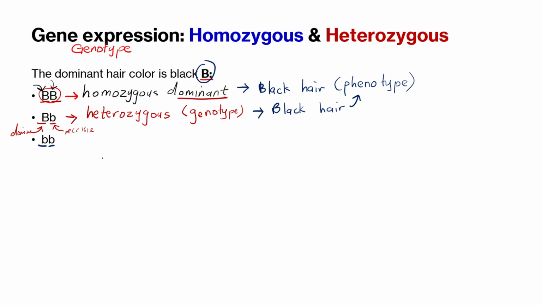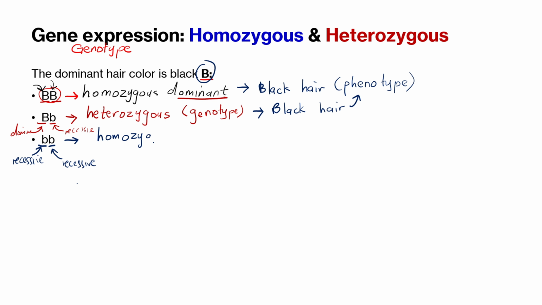And then here you have got small letter b, small letter b. How can you describe that? You can see that we've got the same type of allele. This small letter represents that this is a recessive allele. And this small letter also represents that this is also a recessive allele. So this is not a mixture. This is still a homozygous.